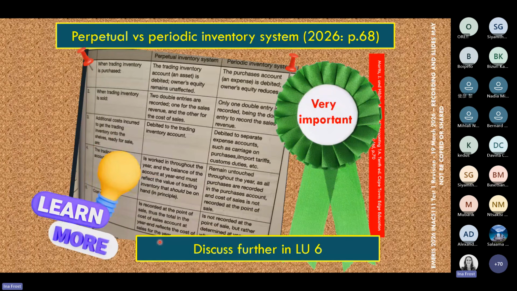So in terms of your first semester test, make sure that you know this table on page 68 in your textbook, because up until the end of Learning Unit 2, we really can only test you on what is in this table. And then at the end in your exam, we can give you a much more detailed question, because then you would have covered Learning Unit number 6.